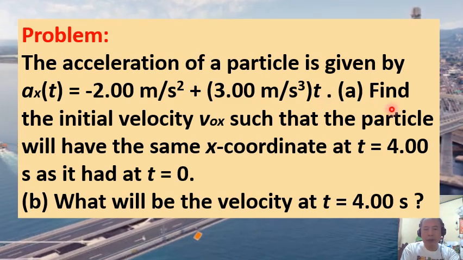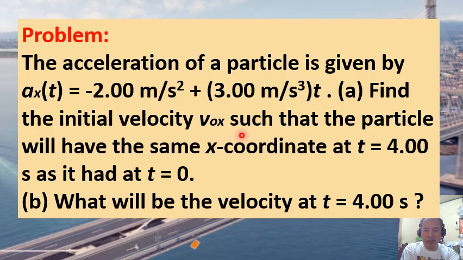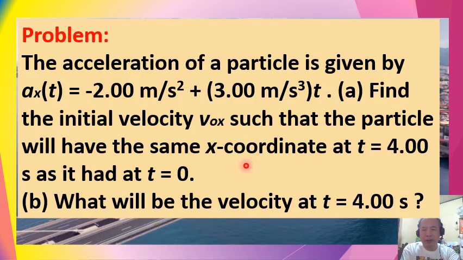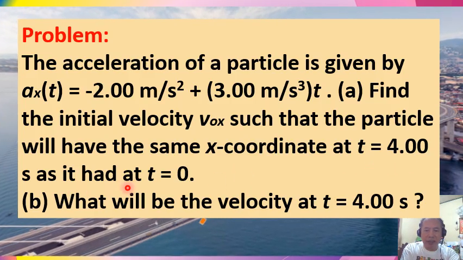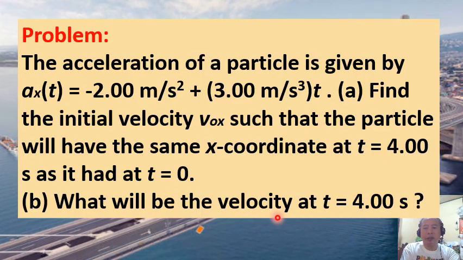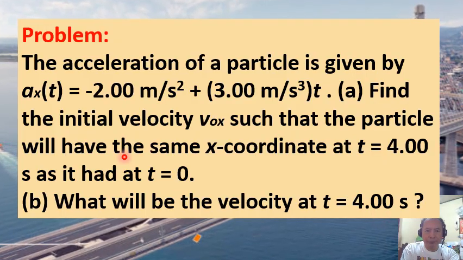Question A: find the initial velocity v_0x such that the particle will have the same x coordinate at time equals 4.00 s as it had at time equals 0. Question B: what will be the velocity at time 4.00 seconds?